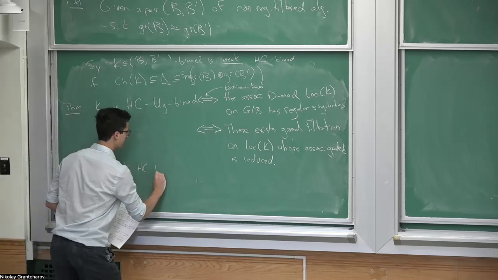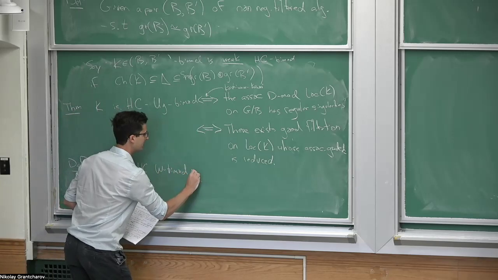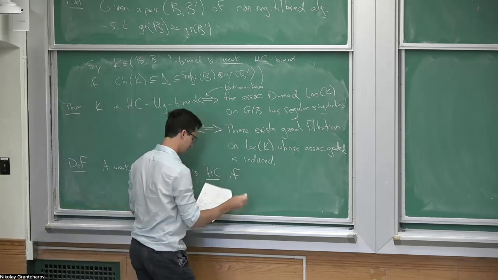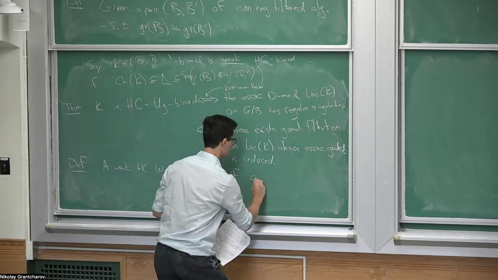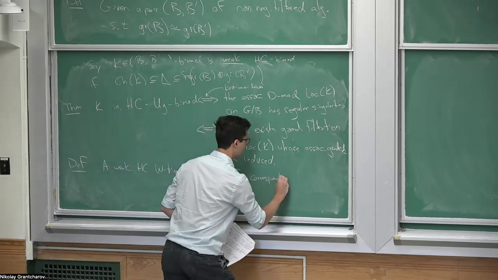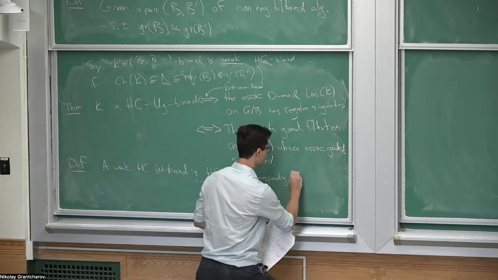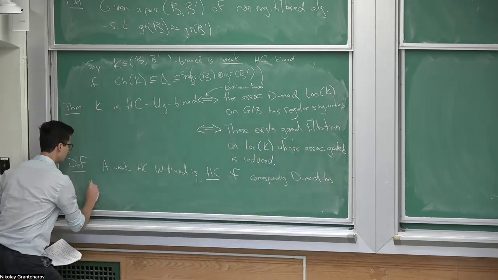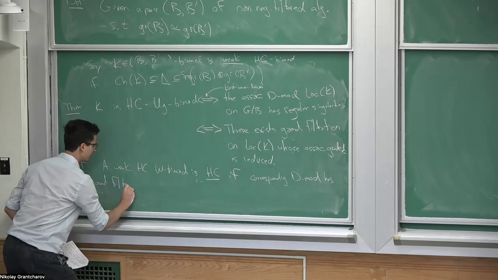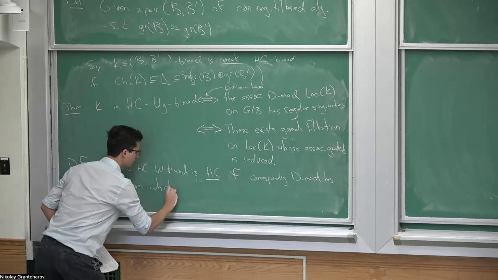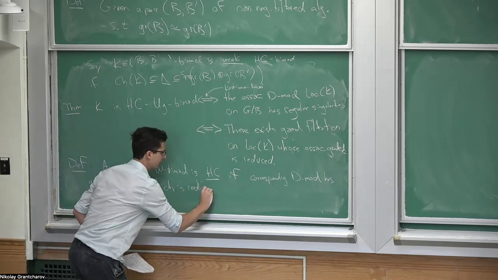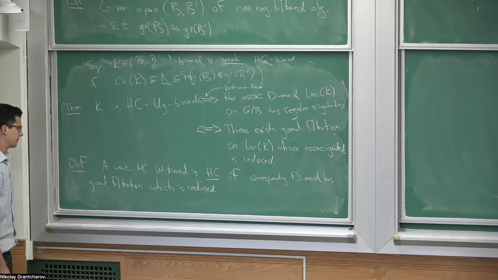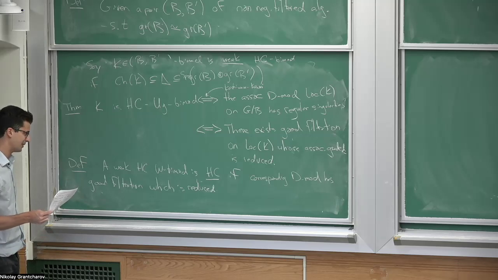A weak Harish-Chandra W bimodule is Harish-Chandra if the corresponding D-module has a good filtration which is reduced, and in many cases it does due to Beilinson-Bernstein localization.